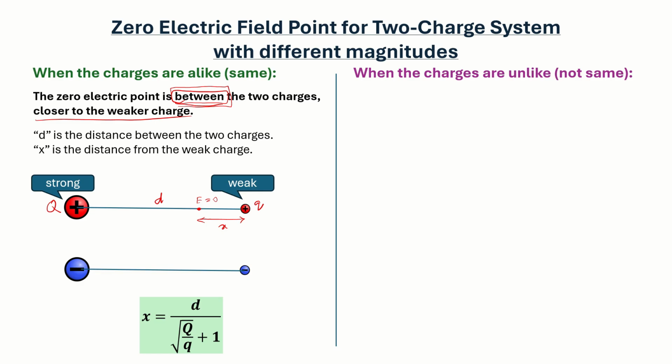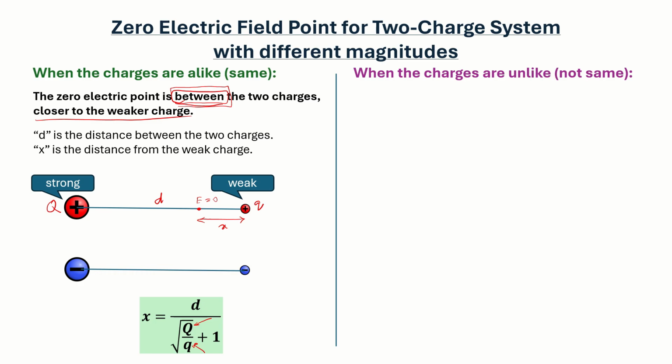So in this approach, capital Q means the strong charge, small q means the weak charge. If both the charges are having the same prefixes like micro, nano, milli, pico, no need to write them here.